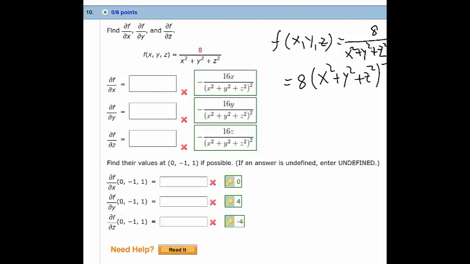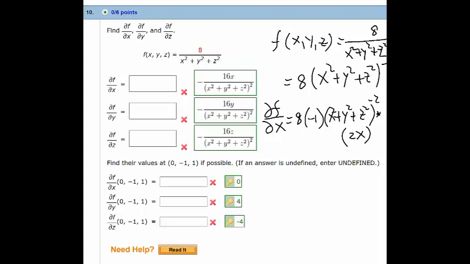So then what happens, del f del x, 8, and then you have a negative 1, then you have x squared plus y squared plus z squared to the negative 2 times what? Multiplied by the derivative of the inside. So the derivative of the inside with respect to x will be 2x. We are done? Yeah?